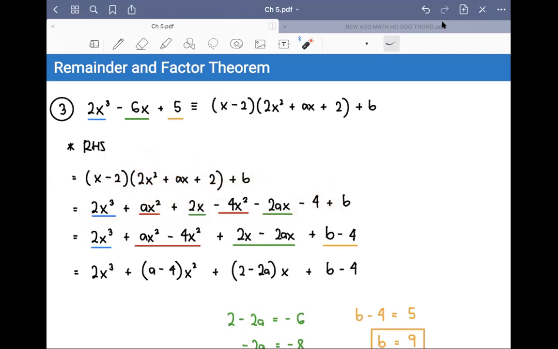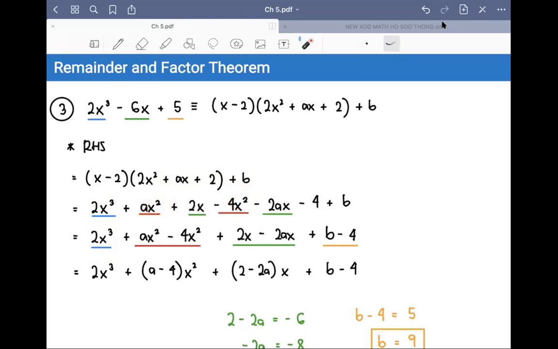Now, why did I color code this? Because I want to, again, put the same terms together. Okay, so since x cubed is just alone, I'll just bring down 2x cubed here. That means it doesn't have any pair. I don't have to factorize x cubed. However, look at x squared and x squared here.